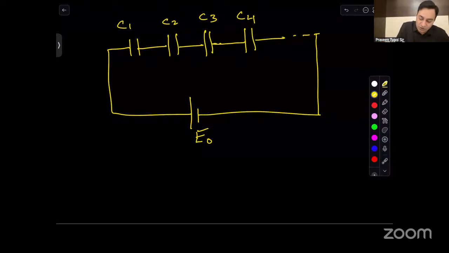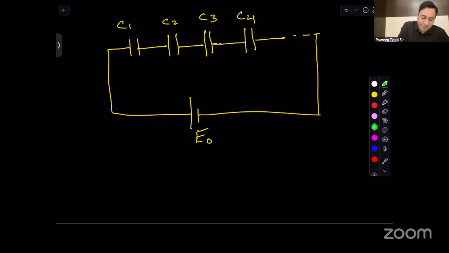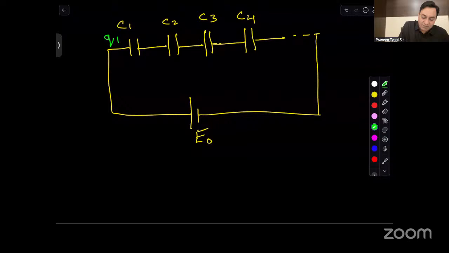Now, suppose the charge on this is Q1 plus, it will be minus Q1, it will be plus Q1, minus Q1. And I have explained why.